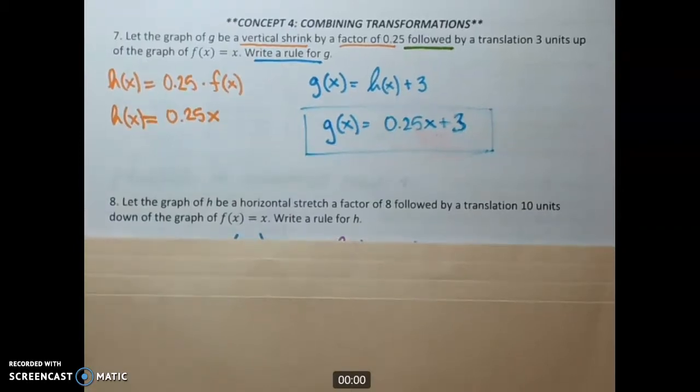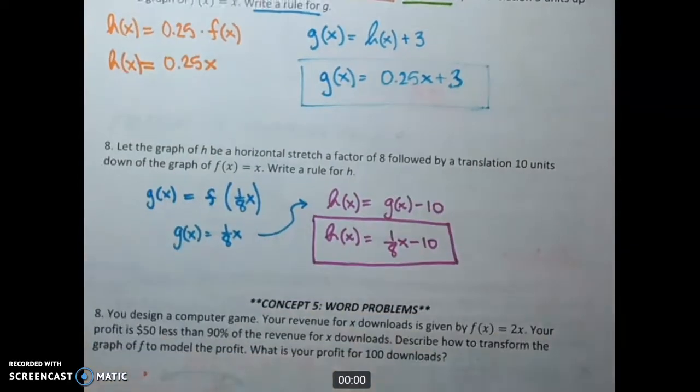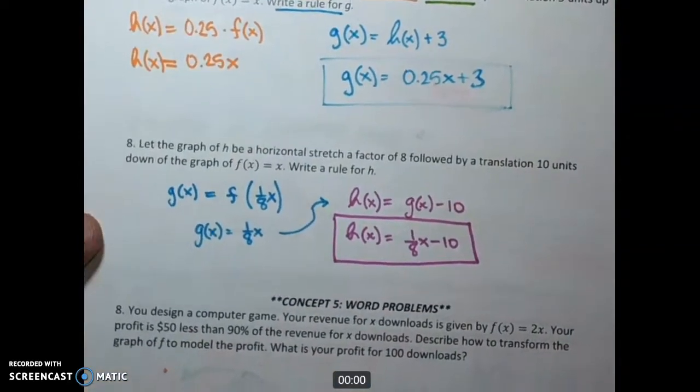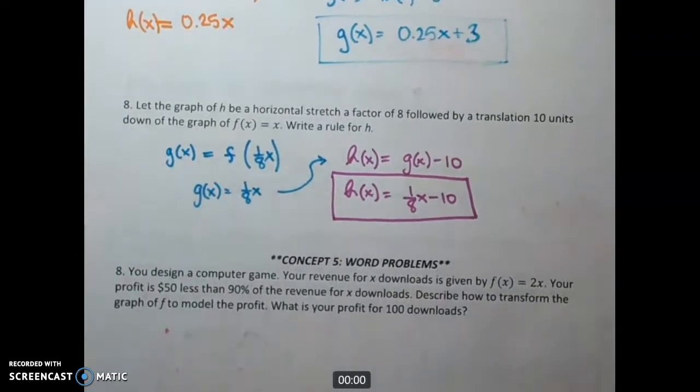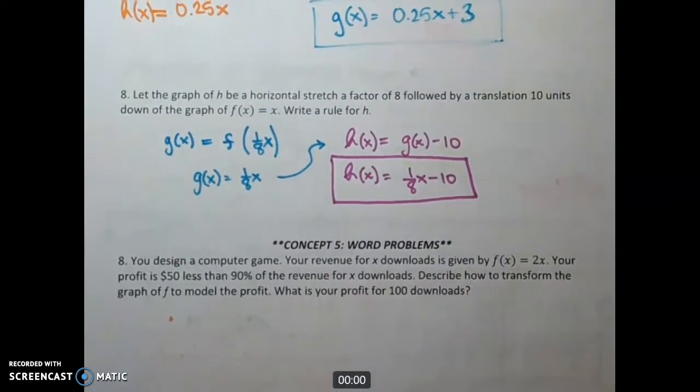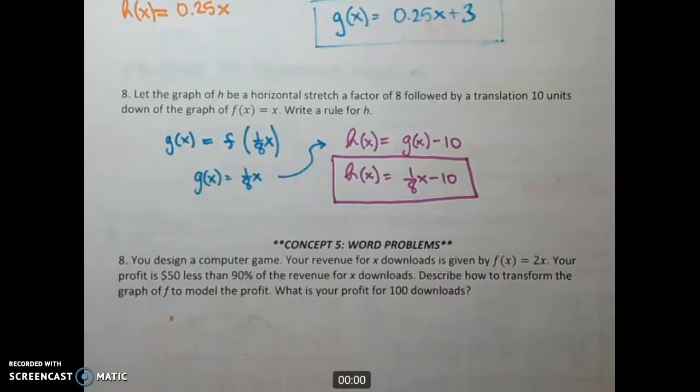Give it a go. Pause it now. Here is your answer for number 8. h of x equals 1/8 x minus 10.